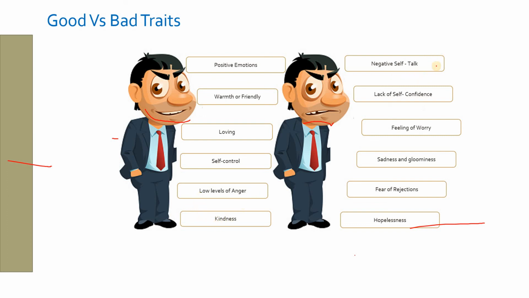And this is self-talk, because his face is good, but he's feeling very low, because the bad traits have self-talk, lack of confidence, feeling of worry, sadness, fear of rejection, and hopelessness.